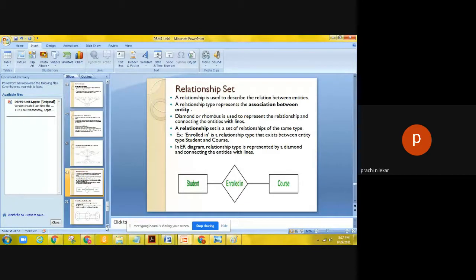Works for. So the employee as well as the XYZ organization we can represent using rectangles, and works for in a diamond. And these are connected with each other through lines. Okay.